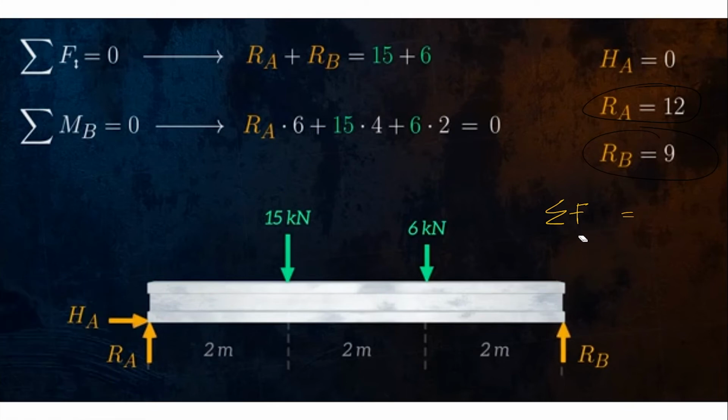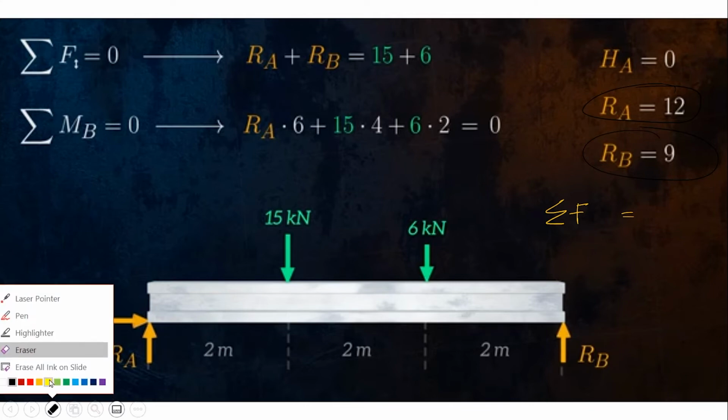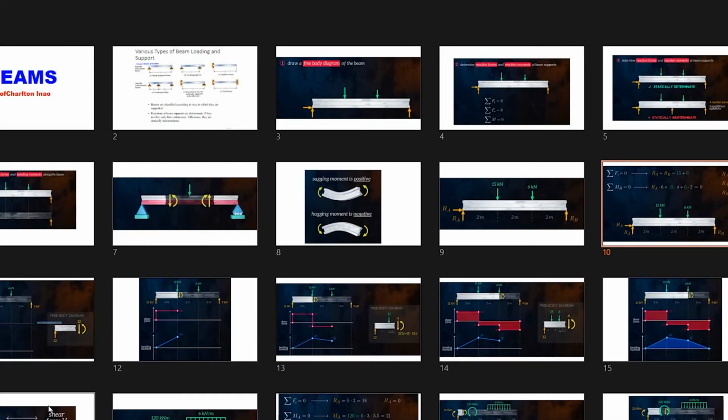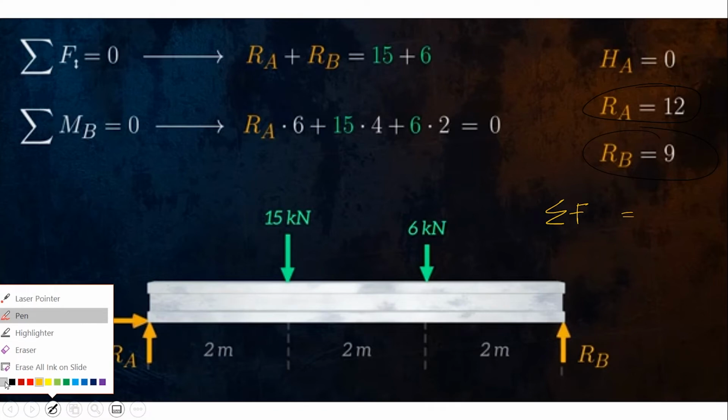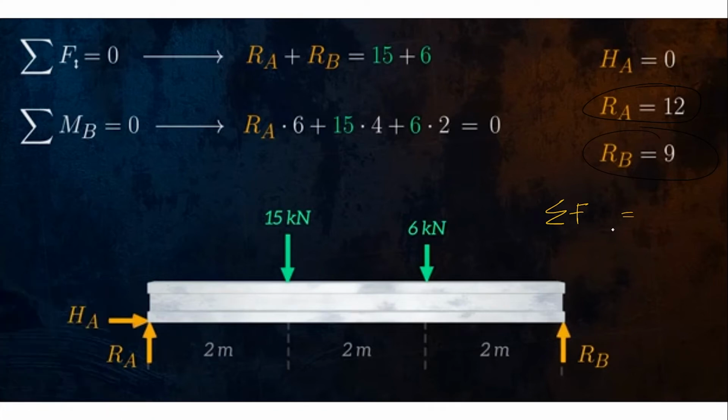So summation of forces along the vertical, meaning going up and going down, equals 0. So look at this. We have RA. Where is RA going? Upward. 15, downward. Minus 6, downward. And upward is RB.